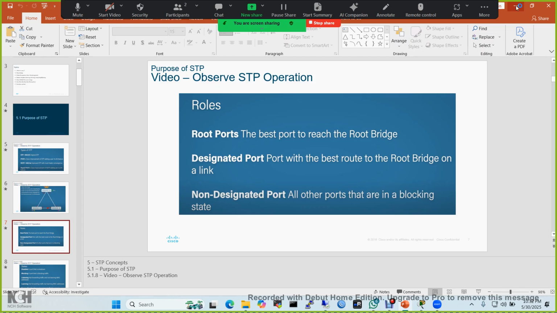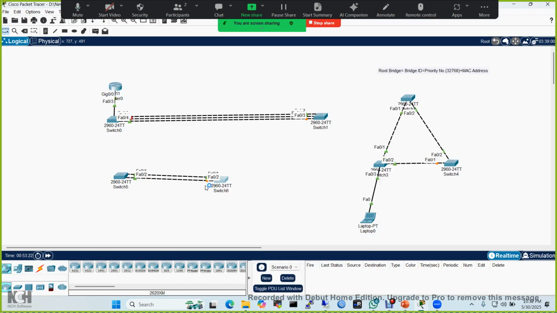Except these designated and root ports, all other ports will be in blocking state. In this switch, these are designated, this port is root, and all other ports will be non-designated. Now I think you are clear about three rules.